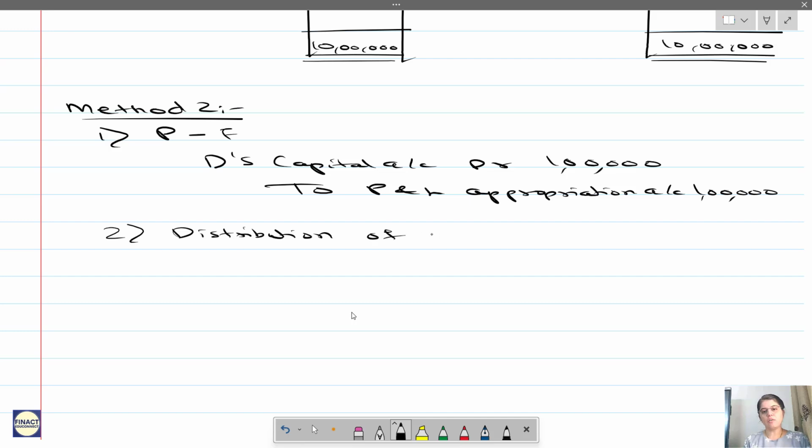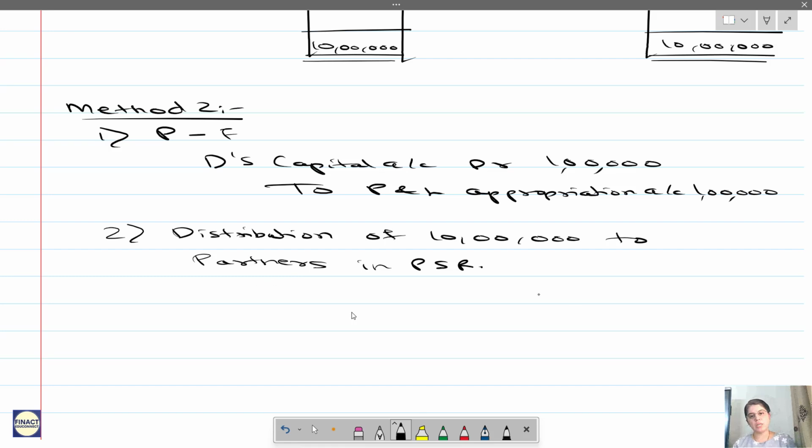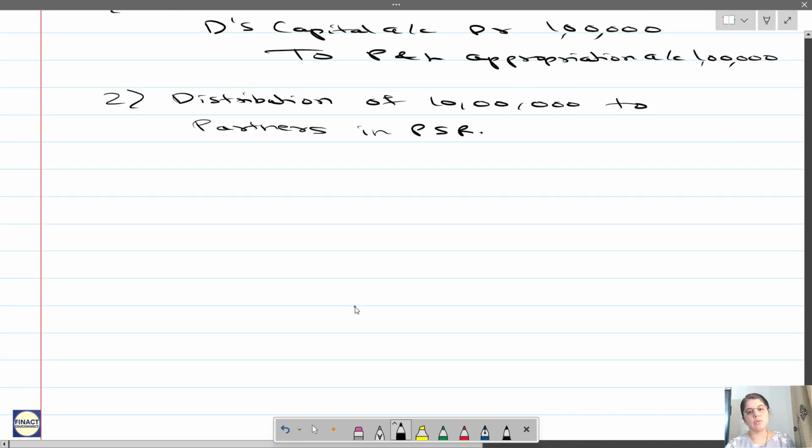Distribution of 10 lakhs to partners in PSR. Okay, that will be the second entry. So what will be that entry? P&L appropriation account debit to A, to B, to C, to D. That will be the second entry.